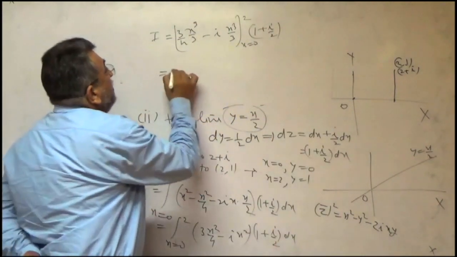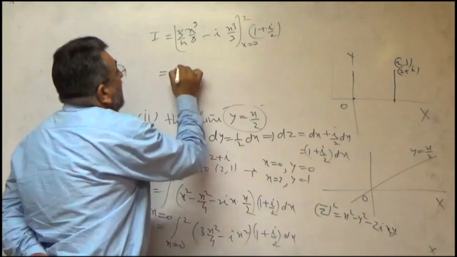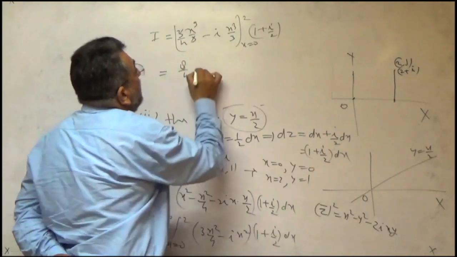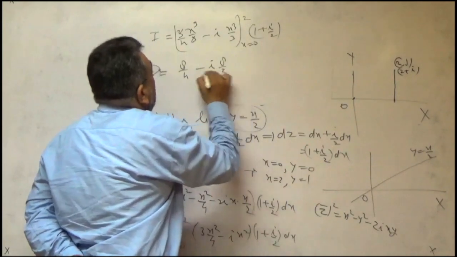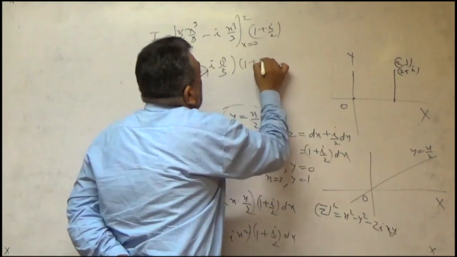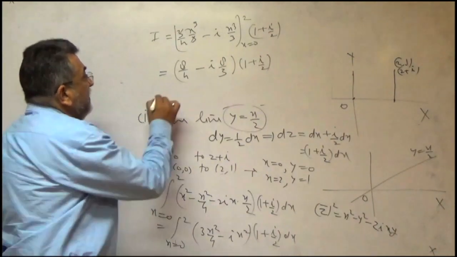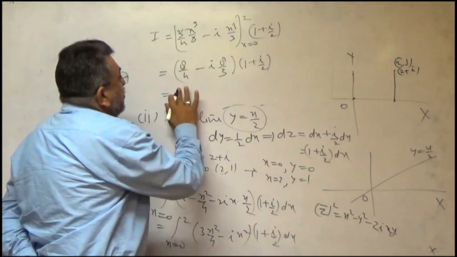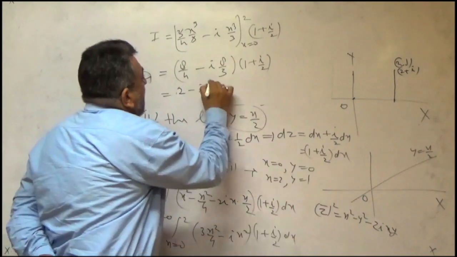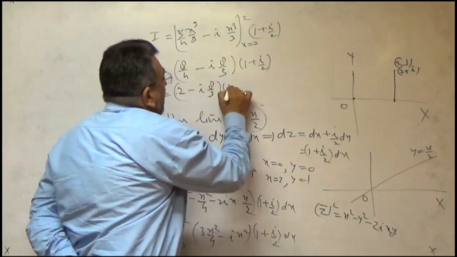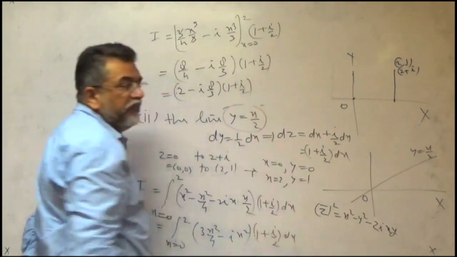Now substitute the value, 3 cancels out, that is 8 by 4 minus i 8 by 3, times 1 plus i by 2. This is 2 minus i 8 by 3, times 1 plus i by 2.